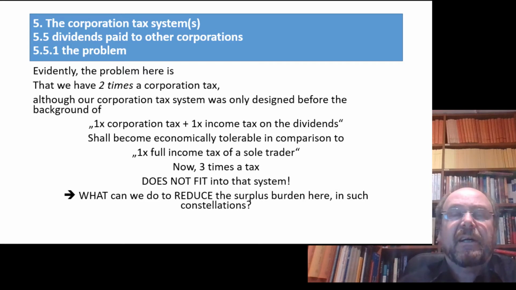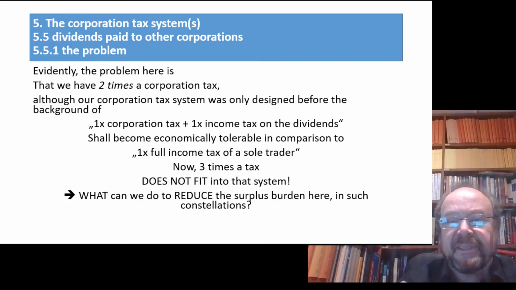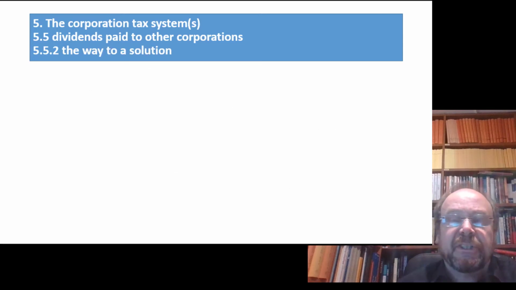So when we design a corporation tax system, you have now to react. How can we reduce that surplus burden in a way that the overall result becomes again competitive compared with the one full income tax which a sole trader or a partner of a partnership pays?